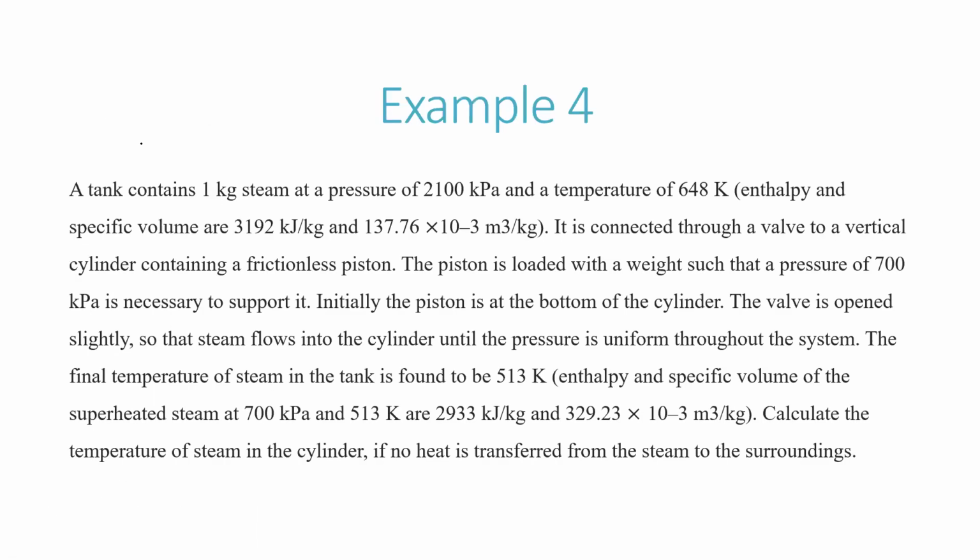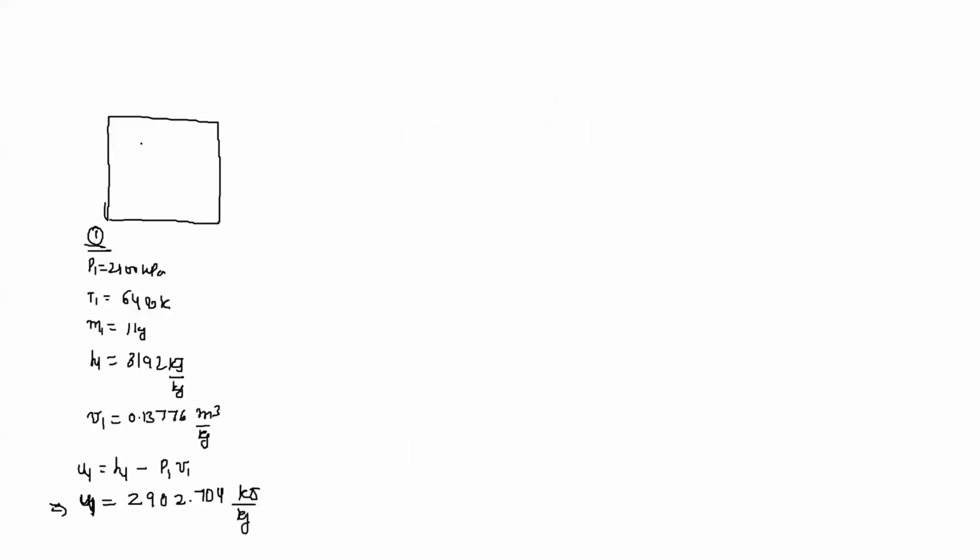Now it is connected through a valve to a vertical cylinder containing a frictionless piston. So through a valve, we have connected this tank to a frictionless cylinder, and it contains a piston.